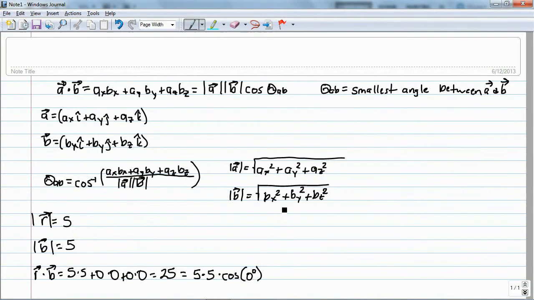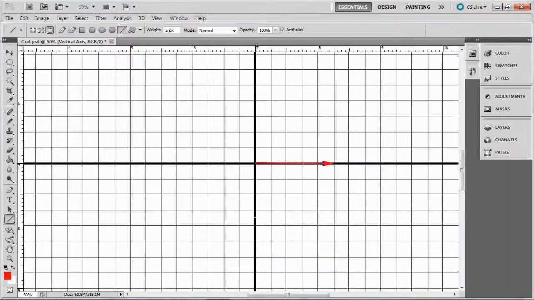Now let's make a little bit of a change here. And let's draw a vector that's very easy for us to calculate the length. We're going to draw the vector 4i plus 3j.